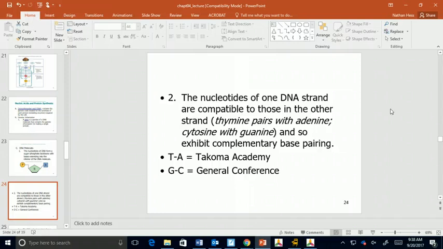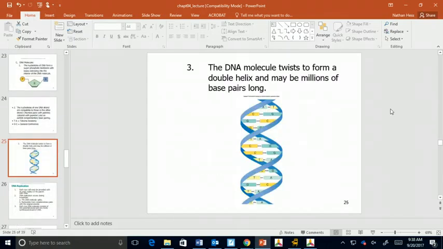TA, Tacoma Academy, or AT, Appalachian Trail, that's how I remember it. GC, the General Conference, or CG. I don't know of any CGs. Would you all know CG? Like what? CG. It's close. CC. Caramel and granola. Perfect. Whatever you remember. But knowing that that's how these guys pair together.